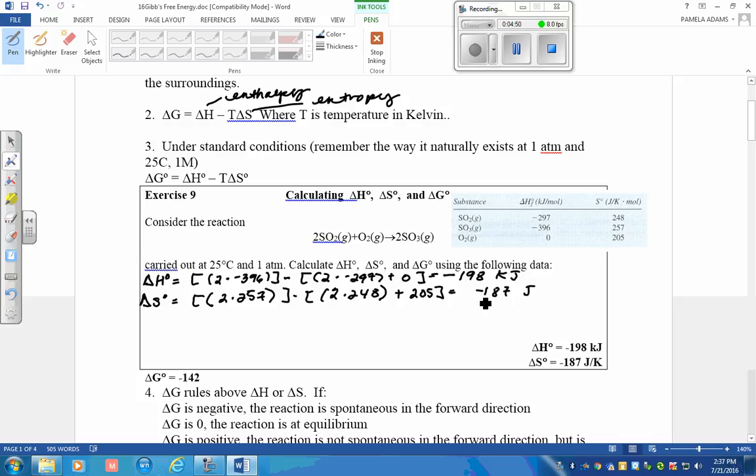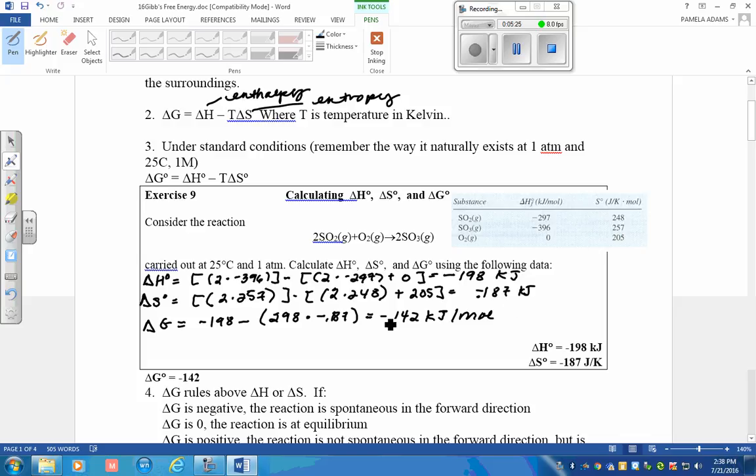Right now, I'm going to divide that by 1,000, so that becomes kilojoules. So delta G can be calculated by taking delta H value, negative 198, and subtracting the quantity of the temperature times the delta S value, and that gives me a negative 142 kilojoules per mole is my answer.